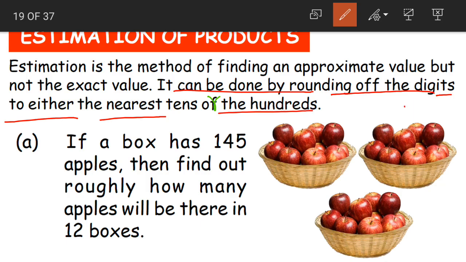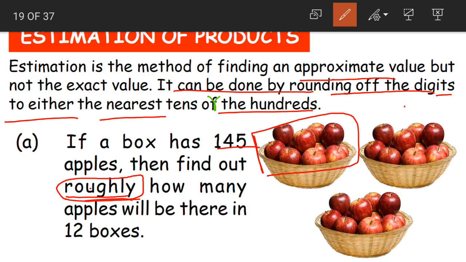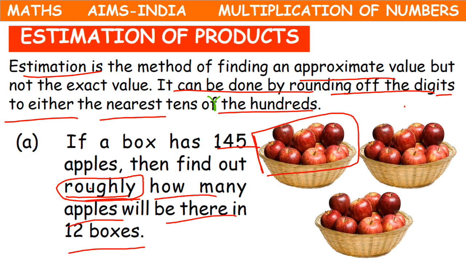What are they saying here? In a box we have 145 apples, then we have to find out roughly. Yes, pay attention to the word roughly here. Roughly means they want us to give an approximate or an estimated value but not the exact value. So how many apples will there be in 12 boxes?